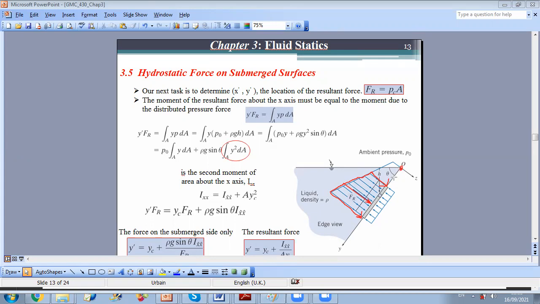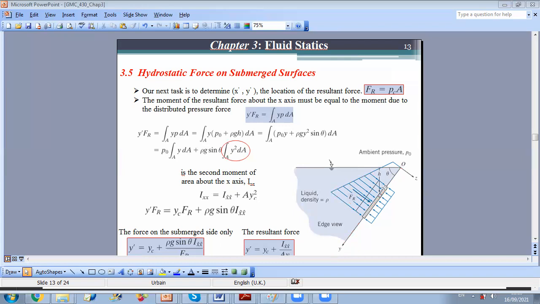Okay? First, I have my resultant force. If you look at this figure, it creates a moment about the x axis. Look at our axes: the y axis is along the surface, the z axis is perpendicular to the surface, and I have the free surface. So first I want to know how I should move FR, what its location along y prime should be. If you move the force along y prime, which axis does this create a moment about?